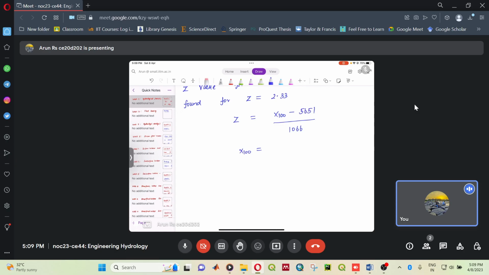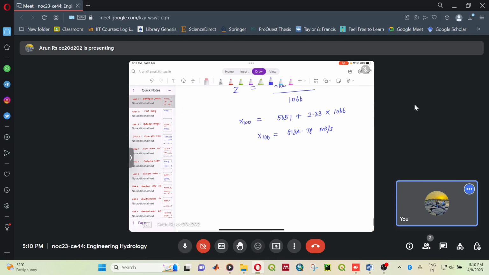So x100 is equal to 5651 plus 2.33 into 1066. So x100 is 8134.78 meter cube per second. So this is the magnitude of a 100-year return period event.